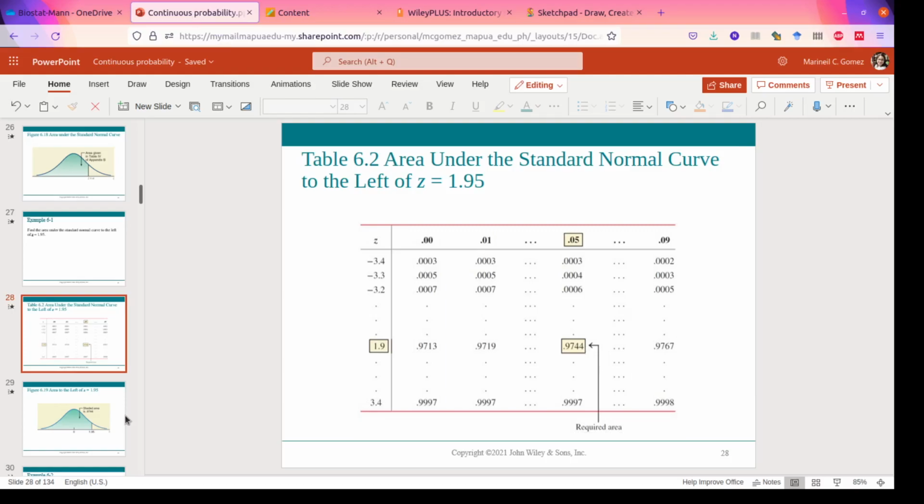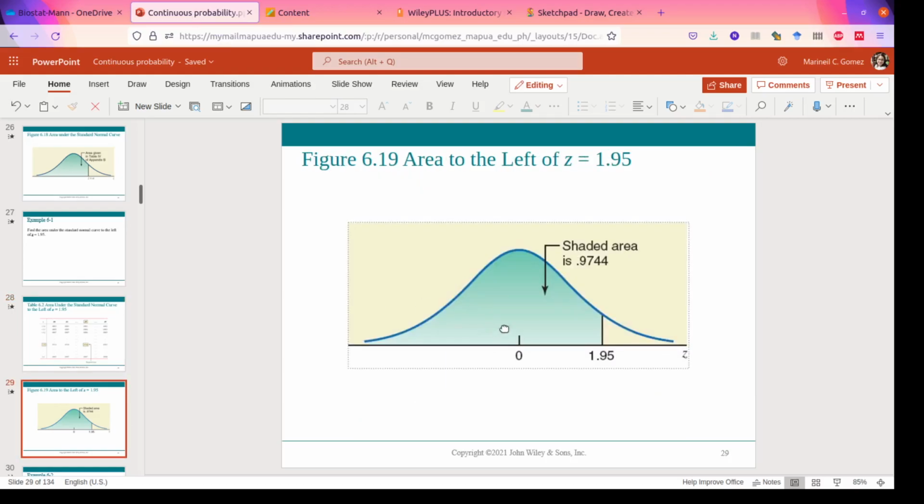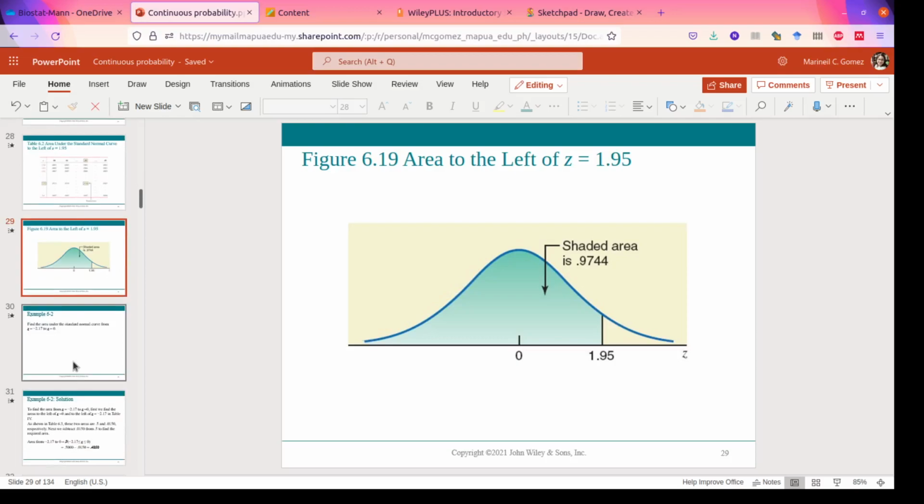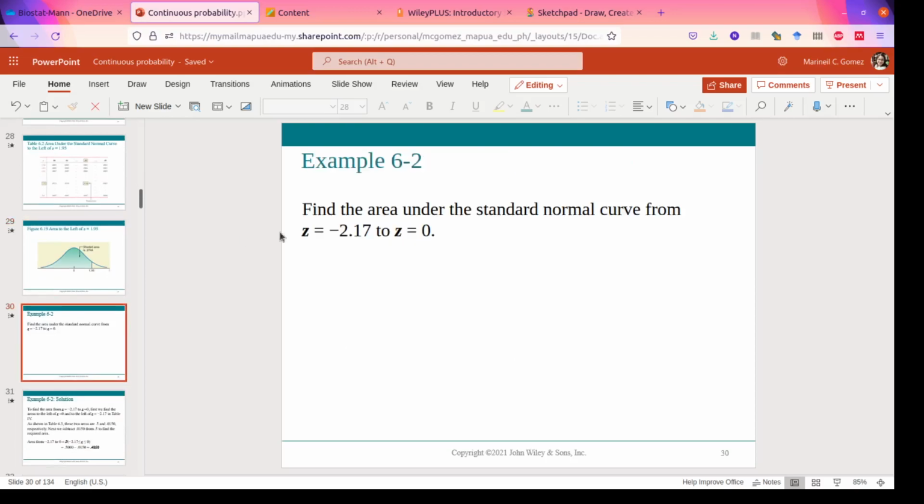So that's to the left of your curve. The area from 1.95 extending to the left, to the asymptote, until negative infinity, the total area here is 0.9744.